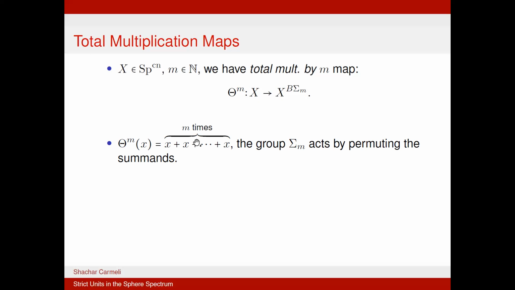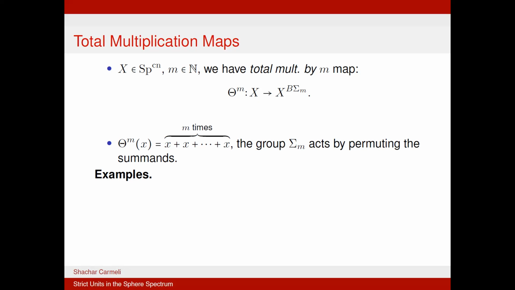Again, how to think about it is that the total multiplication by m map is given by summing a point of X m times, but now we remember the permutation action rather than observing that this point is preserved by it. Just for you to know, if you want to know how this is defined, one way is that it is a transfer map along the inclusion of the base point inside the classifying space, which is a covering space.